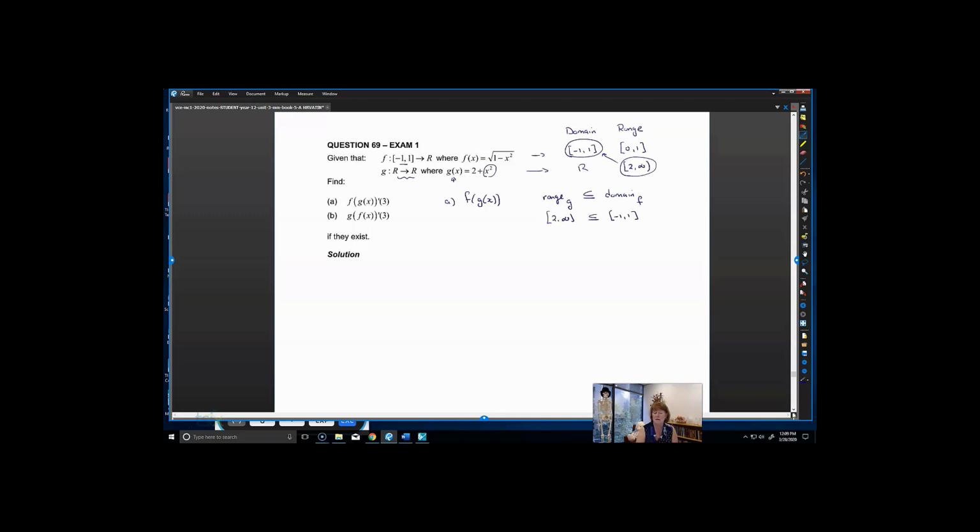Well, that's not the case. So therefore, f of g of x, my composite function, does not exist. And if that doesn't exist, then we can't get the gradient. Doesn't exist.